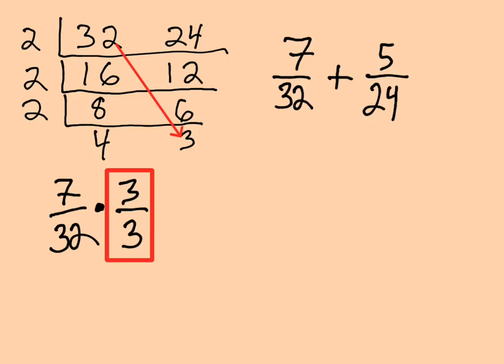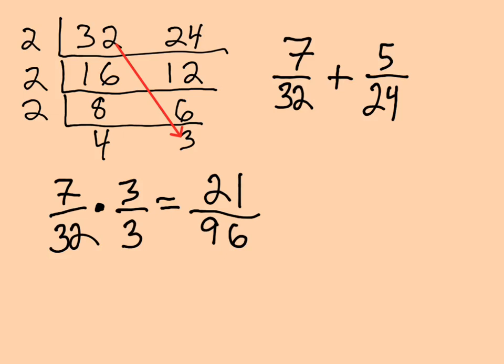I'm getting an equivalent fraction that has the same value, but with a common denominator of 96. So I go ahead and do this by multiplying across. 7 times 3 is equal to 21, and 32 times 3 is equal to 96.